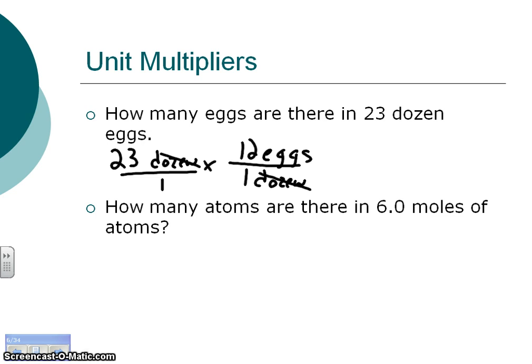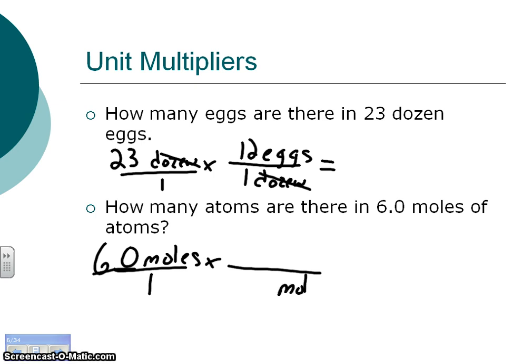Well, on the same token, we can do the same thing using atoms and moles. If we have 6.0 moles, we're going to set up a unit multiplier. We know that we want to get rid of the unit moles, so moles is going to go on the bottom.